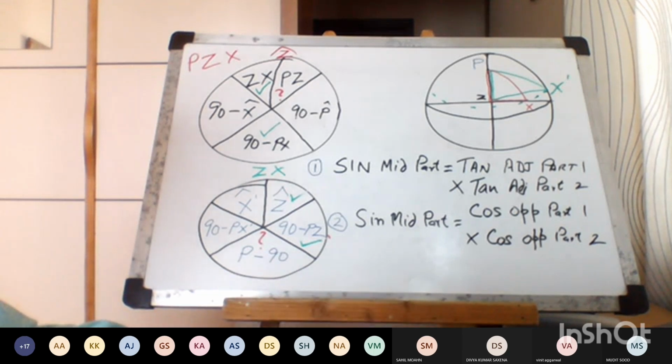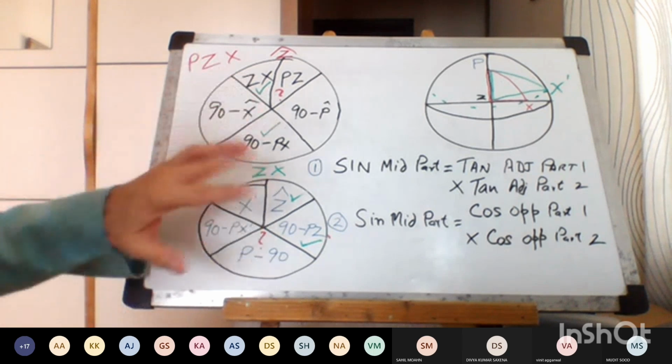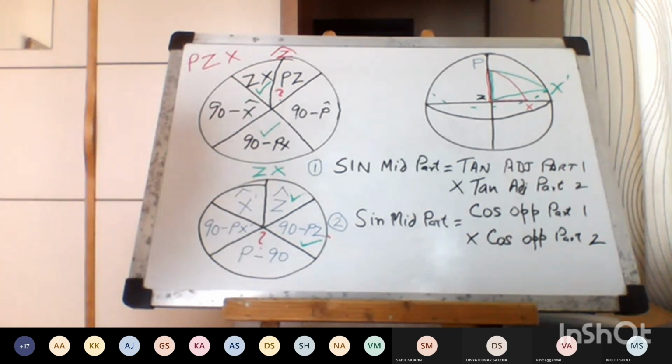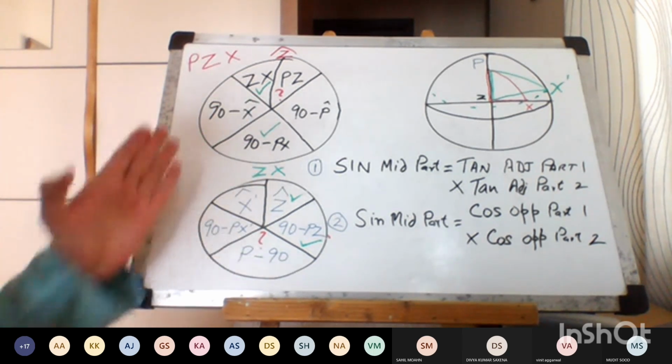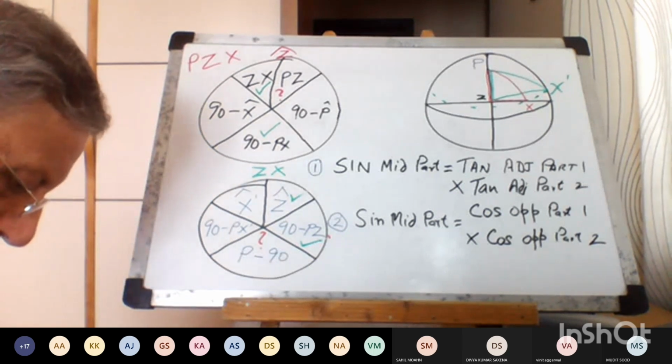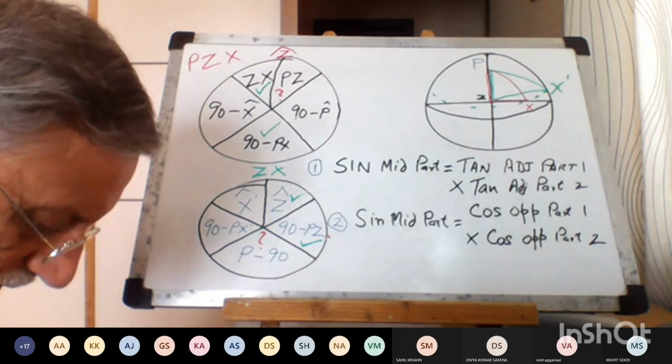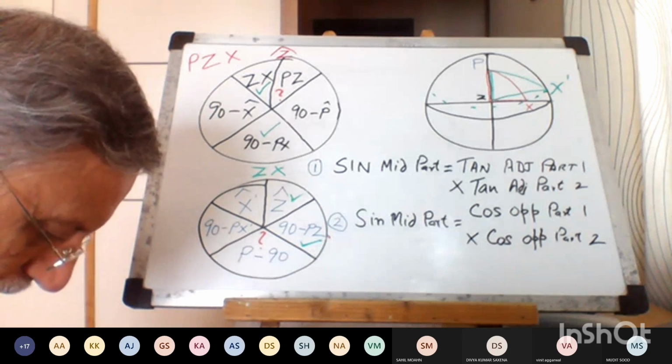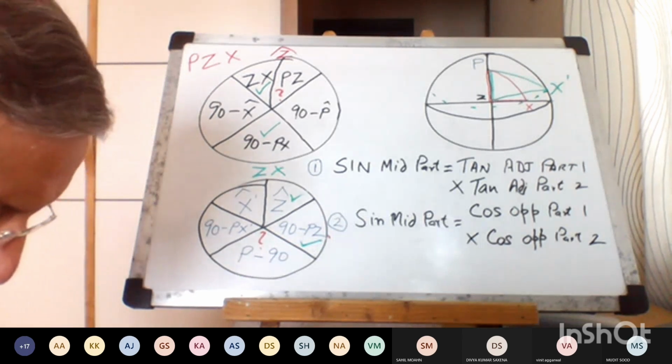So I think the application of the Napier rule with the diagram, depending upon what values are given to you, you will be able to find out other values. I hope this part is very, very clear, because a lot of your problems will depend upon this Napier rule.